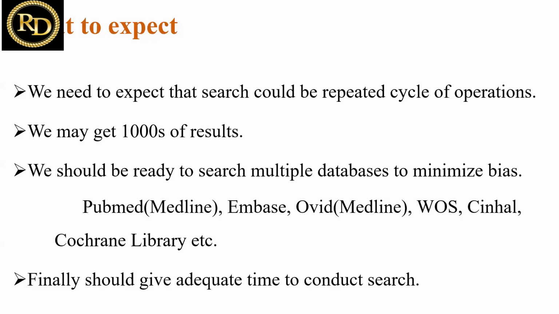We have Medline through PubMed, Embase, Medline through Ovid search engines, WOS, that is Web of Science, CINAHL, the Cumulative Index of Allied Health Literature, and the most important, the Cochrane Library. So you should be ready to search in these databases at least.